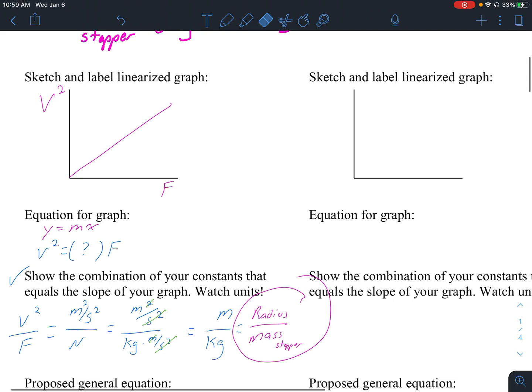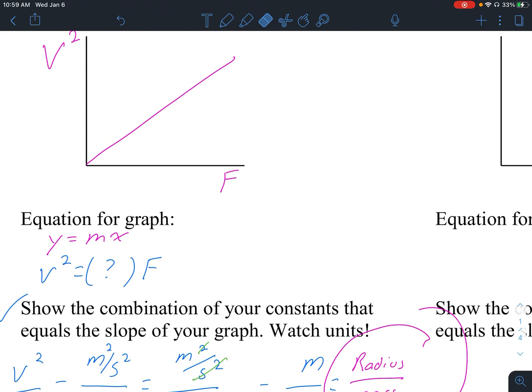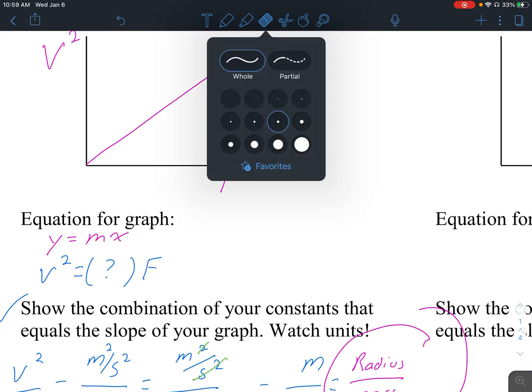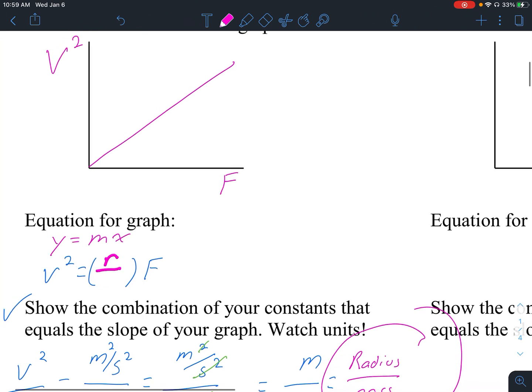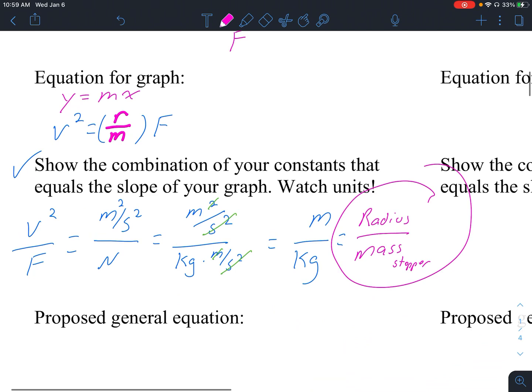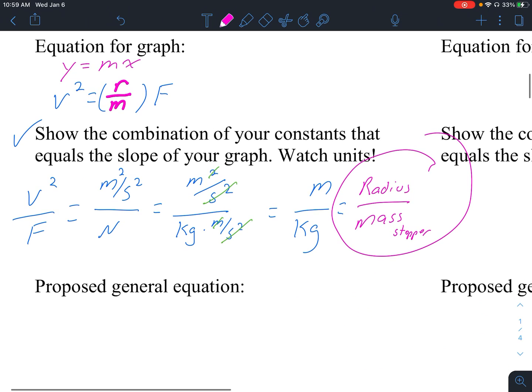In this, we can now get rid of our question mark and state that our slope was our radius over our mass. And that's our equation for that specific graph. And that's going to turn into our physics equation, so we're going to rearrange that a little bit.